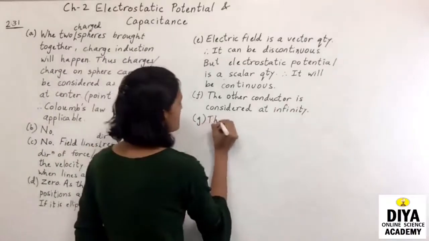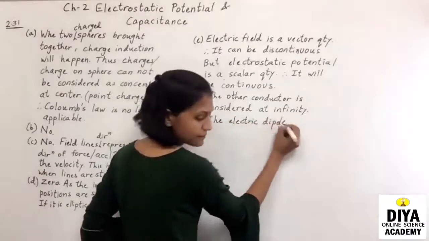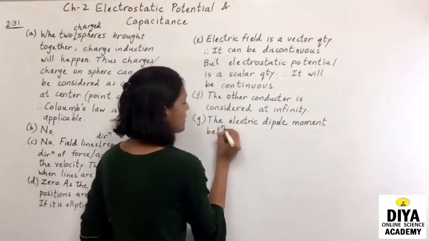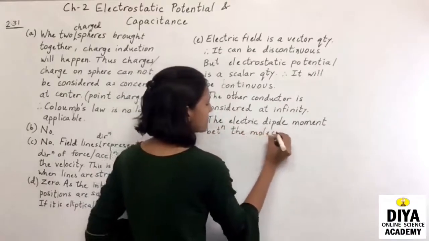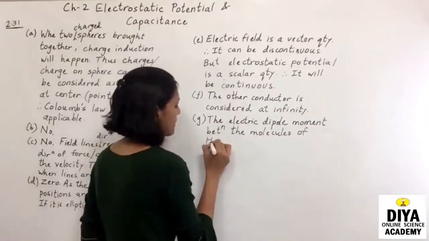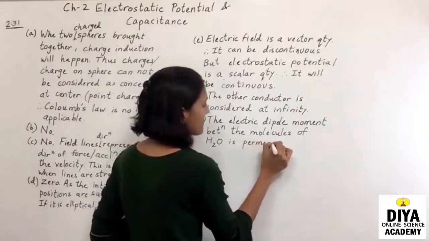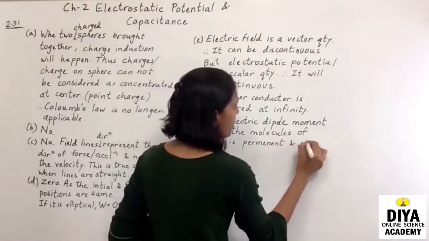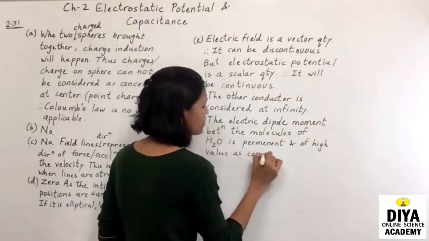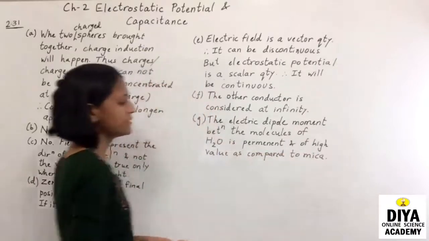The electric dipole moment of the molecules of water is permanent and of high value as compared to mica. So that is the reason.